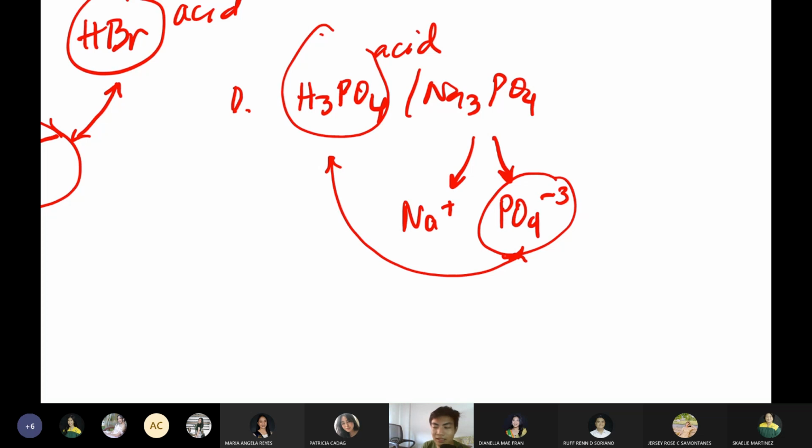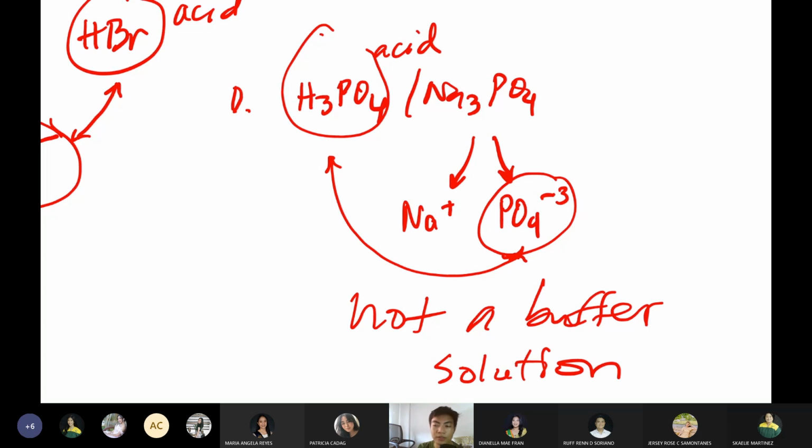Bakit? Kasi sabi ko kanina, if conjugate acid-base pair yan, isang H lang yung difference nila. Ilang H yung pagitan nila? Tatlo. So ibig sabihin, hindi sila related to one another. So they are not the conjugate acid-base pair. So ibig sabihin, this mixture is not a buffer solution.